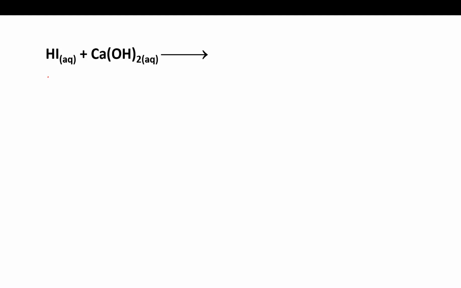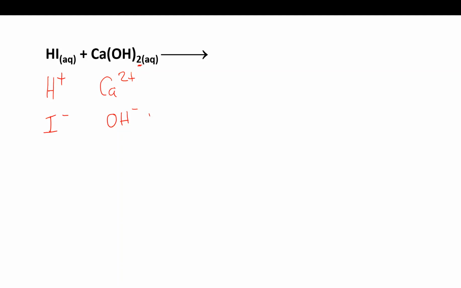Okay, I'm assuming that you tried and balanced this out and you hit play again. So we'll go ahead and separate the hydroiodic acid. I have an H plus and an I minus. Now with calcium, this is a 2 plus. And the hydroxide's only a -1, remember? And that's why we have to have 2 of the hydroxides.